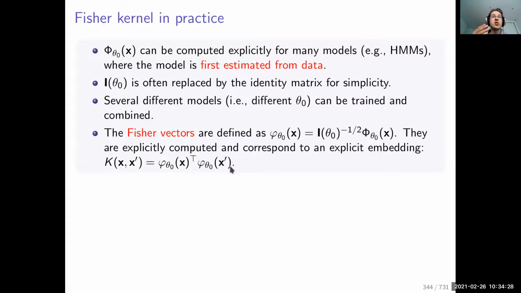Given the definition of the Fisher kernel, it's easy to see that you obtain this by computing the inverse square root of the Fisher information matrix and multiplying it on the right by the Fisher score vector, which is the big phi of theta 0 of x. Okay, and we have an explicit embedding, which is invariant to the parametrization.